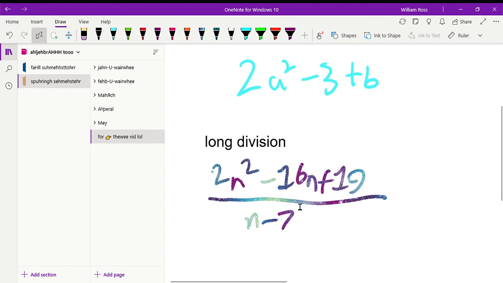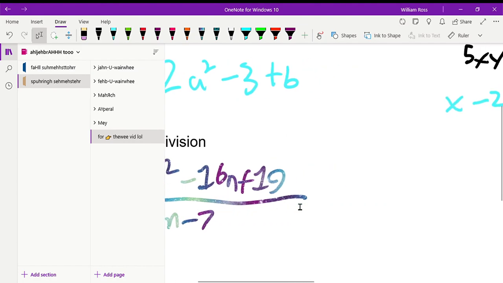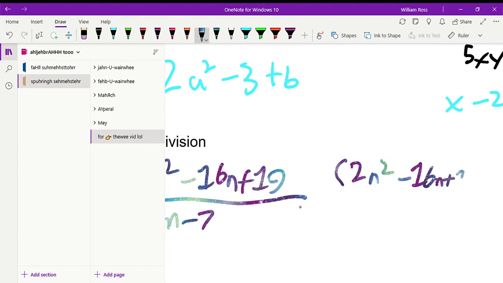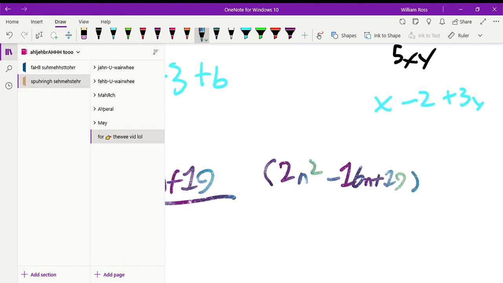We got the fraction, and then you got your regular division symbol. Let me just write this out really quick. Or it can also be written in multiplication form.